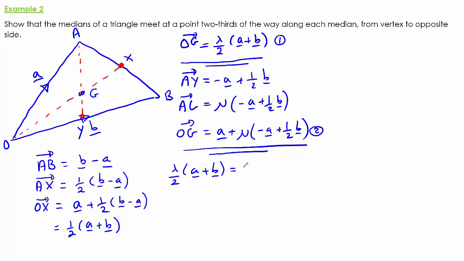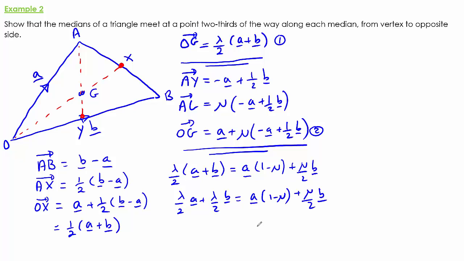Now if we expand this out, that's going to be a(1 minus mu), and then we've got plus mu over 2 b. Expanding this side gives us lambda over 2 a plus lambda over 2 b, and that's going to be equal to a(1 minus mu) plus mu over 2 b.